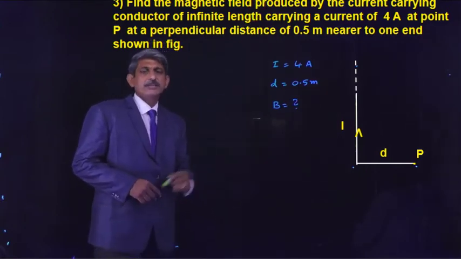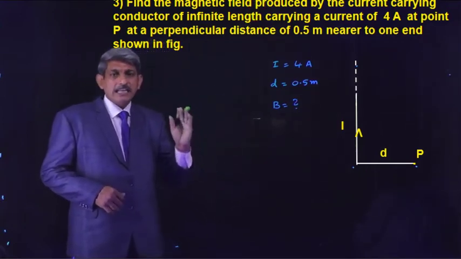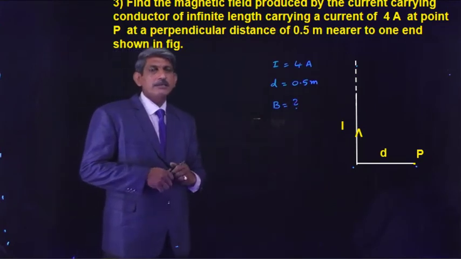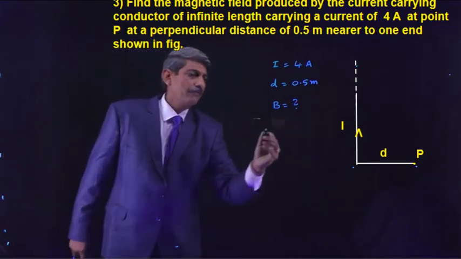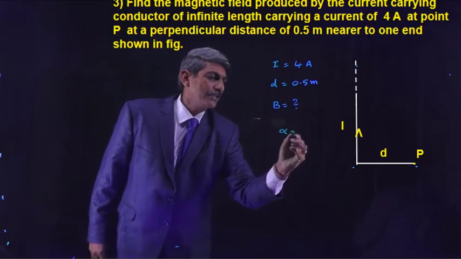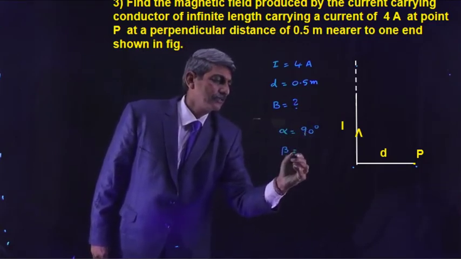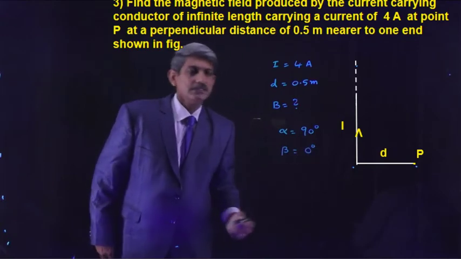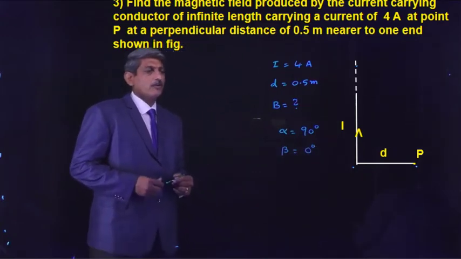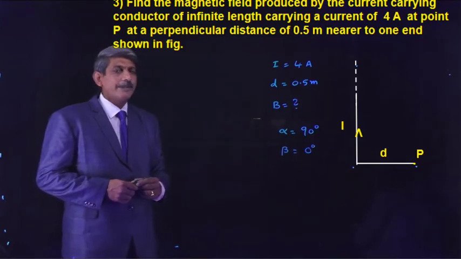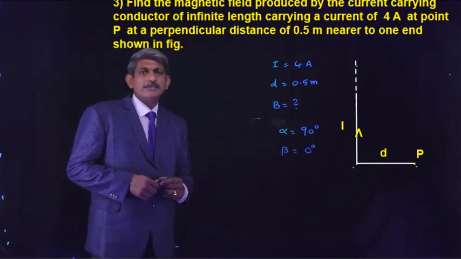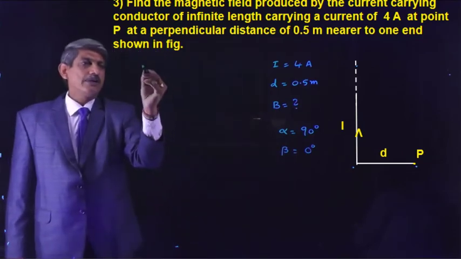That's why, if we see the elevation angles of the top end and the bottom end, for the top end alpha is equal to 90 degrees and for the bottom end beta is equal to 0 degrees. Now by knowing the elevation angles alpha and beta, the magnetic induction can be determined by the general formula.